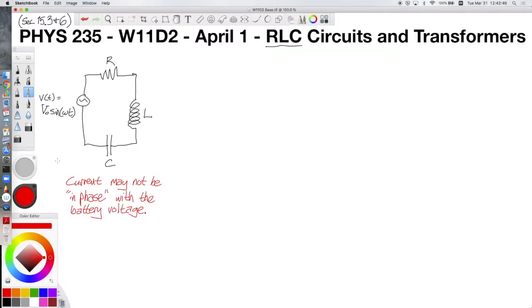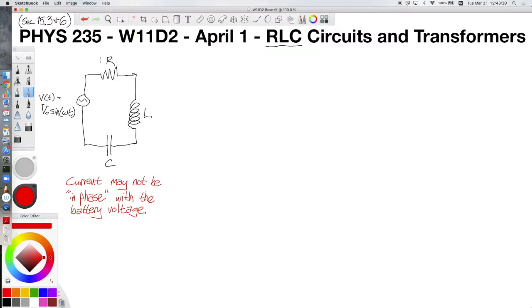When we talked about resistors, the current through a circuit with just an AC power supply and a resistor was in phase with the power supply. Then we talked a little bit about inductors and capacitors in AC circuits. With the capacitor, we found that the current peaked before the voltage across the capacitor. And with the inductor-only circuit, we found that the current peaked after the voltage across the inductor.